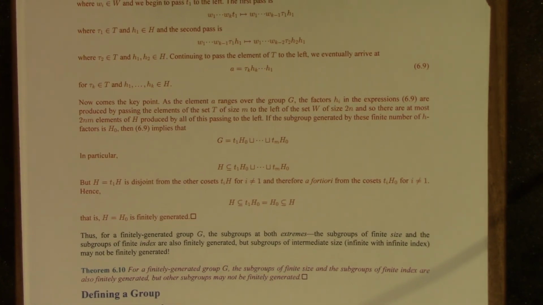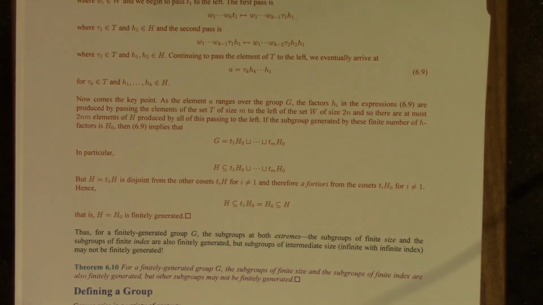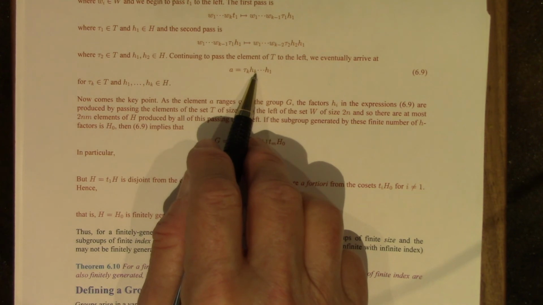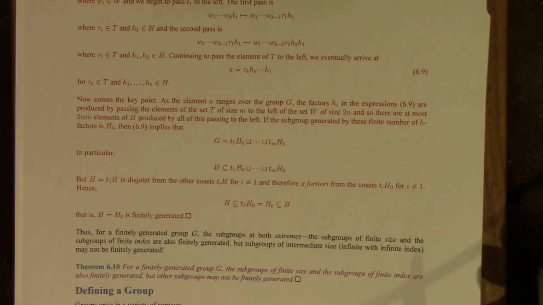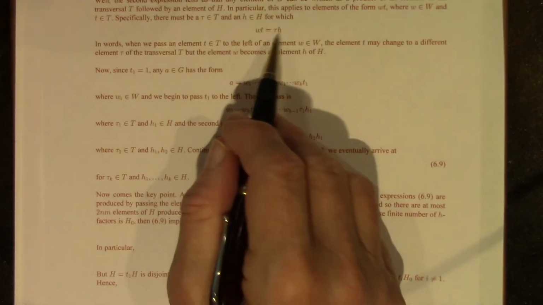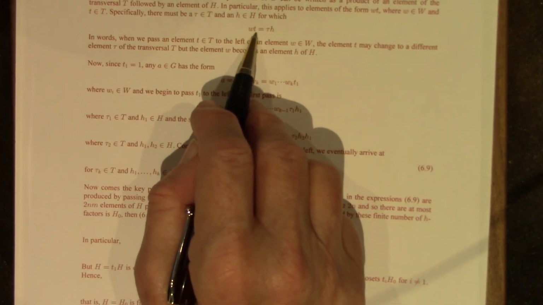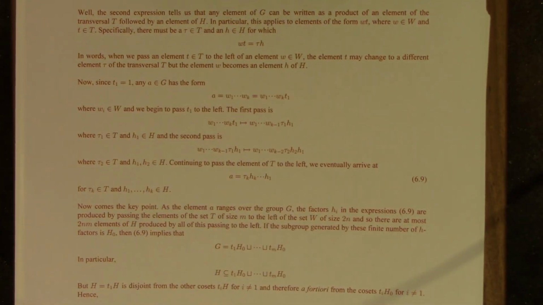Well, here is the point now of this. As the element A ranges over the group G, the H factors here are produced by this formula. You interchange a T with a W, pull a T to the left of W. But there are only finitely many T's, because those are elements of the transversal.